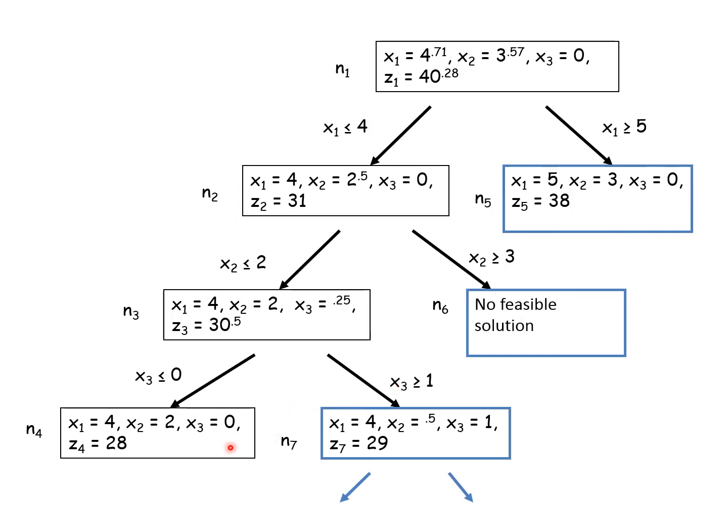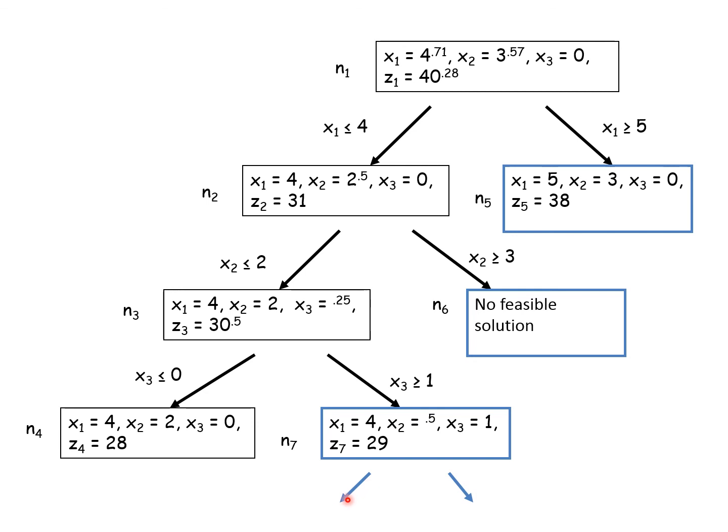In the last slide I showed you this branch and bound. I was here, and then I backtracked and came here and solved this problem. I get x1 equal to 4, x2 equal to 0.5, and x3 equal to 1, so I could branch here on x2, meaning x2 is less than or equal to 0, and x2 larger than or equal to 1, and I continue going that way.